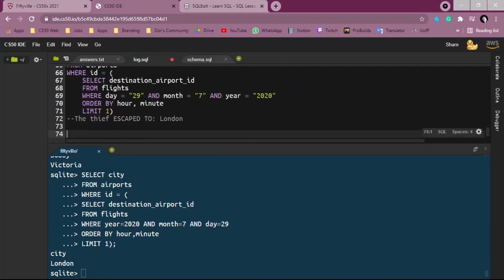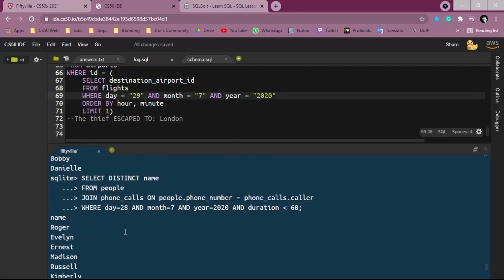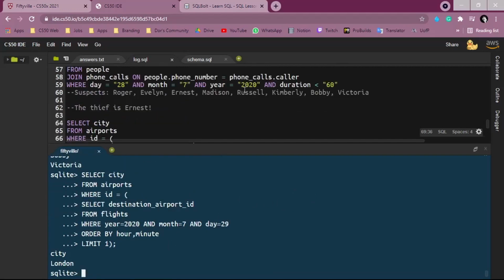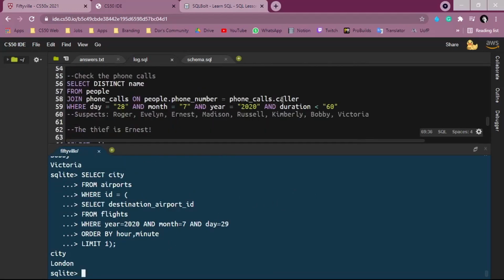And now we can get the accomplice, I don't know. So put it in the comments, how should I say that? We can get this by using the information of the phone call. And here in the phone call, we're just getting the caller, but we can get the receiver, okay? It's kind of the same way that we're going to do in here. The same thing that we did in here, but instead of caller, we're going to use receiver.